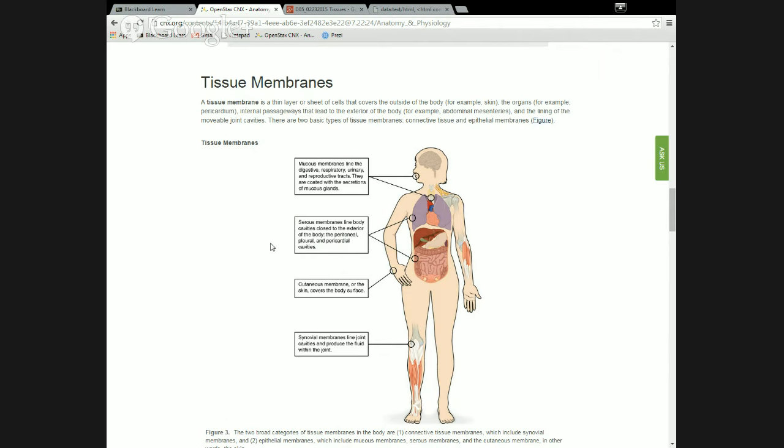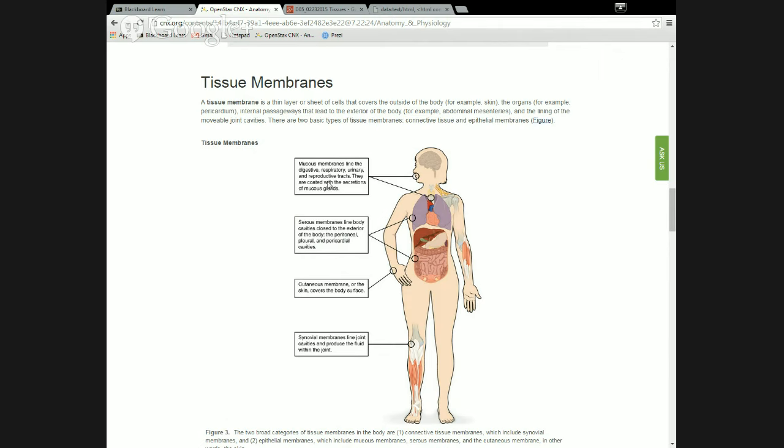These four boxes highlight the four types of tissue membranes. Really, membranes kind of are where multiple tissues come together. And part of really understanding that, you need to have gone through the tissues to see what the multiple tissues are about.